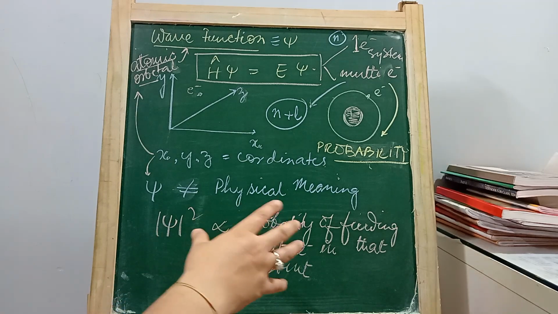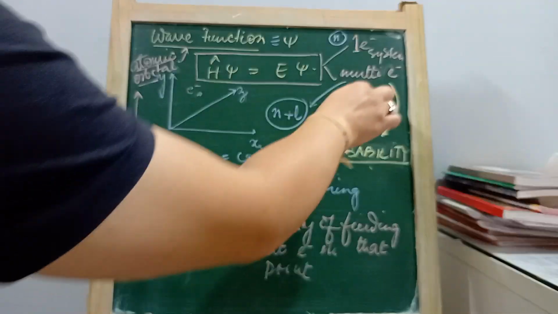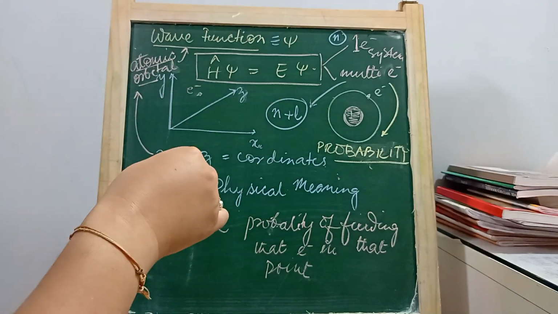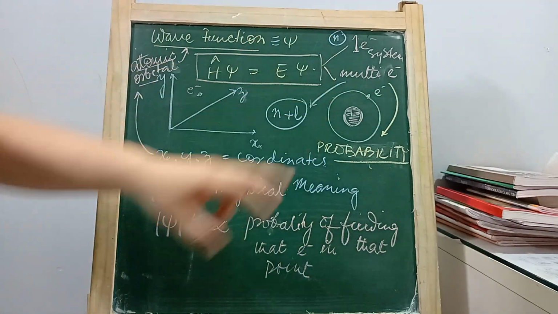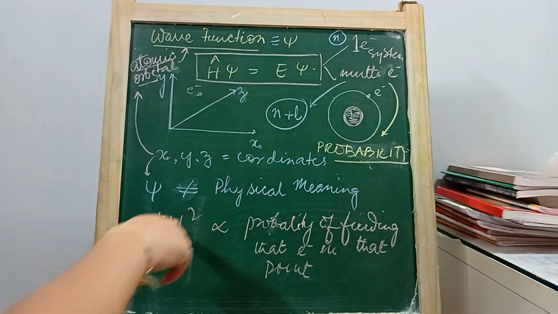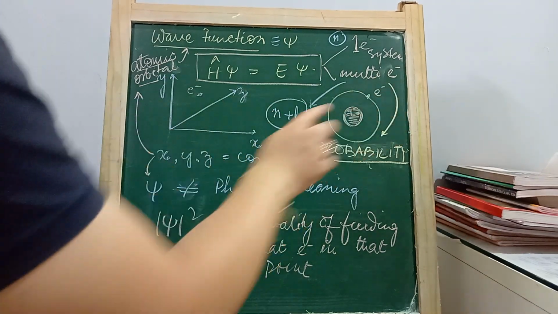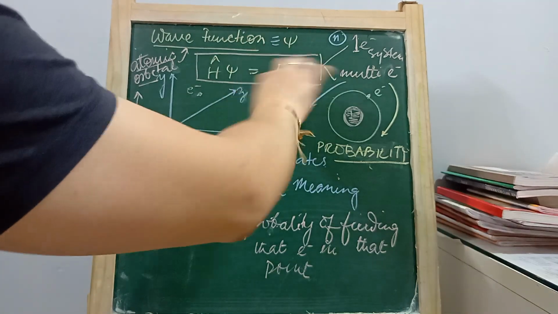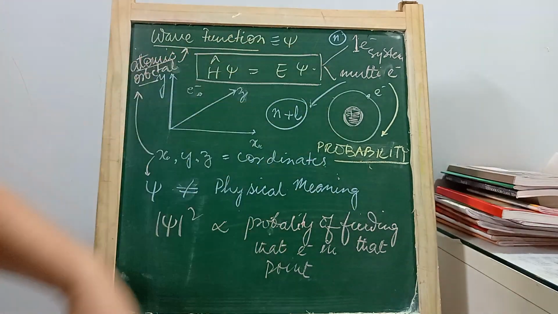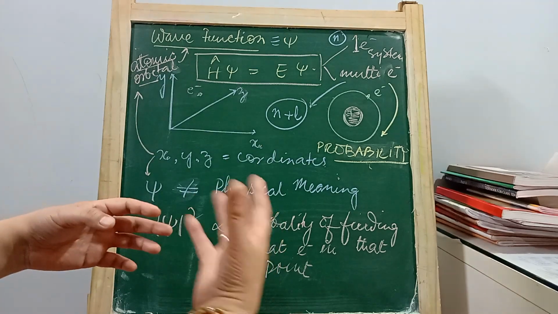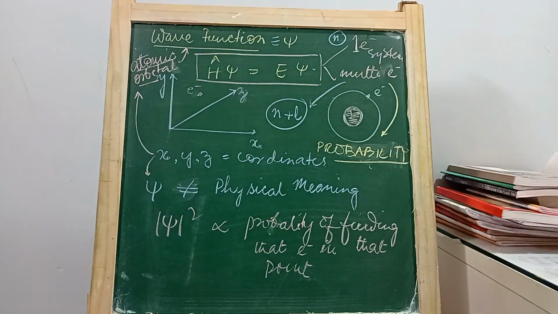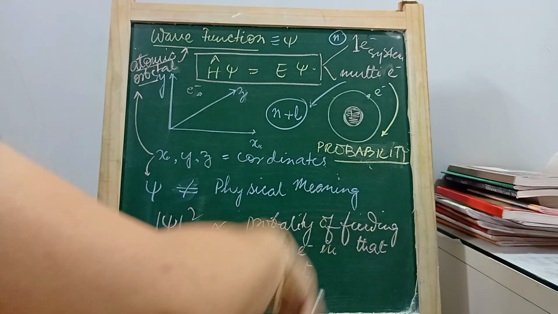it will give the probability of finding the electron at that particular point. The square of the wave function that we have calculated from Schrodinger's wave equation, if its value is large, means there is more probability of finding the electron.